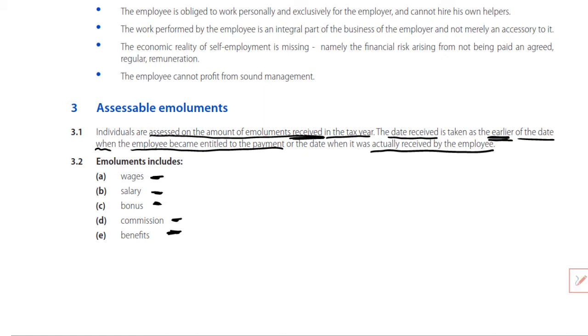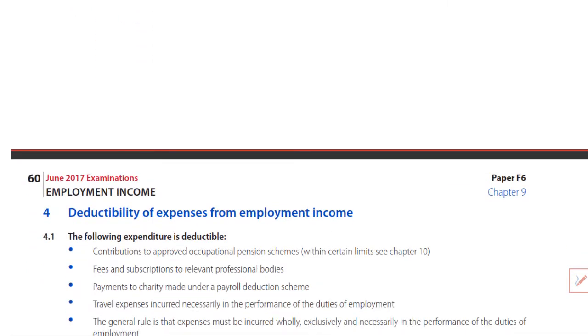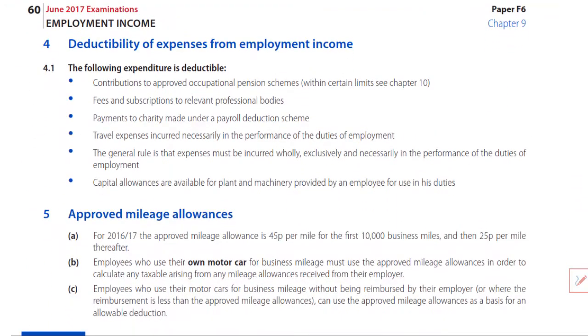Now, if we go over the page, in section 4.1 we have a list of some pretty notable and typical expenditure for involvement so far as exam questions are concerned. The following expenditure here is deductible. So these will be allowable deductions in deriving the net employment income to assess in the tax year.